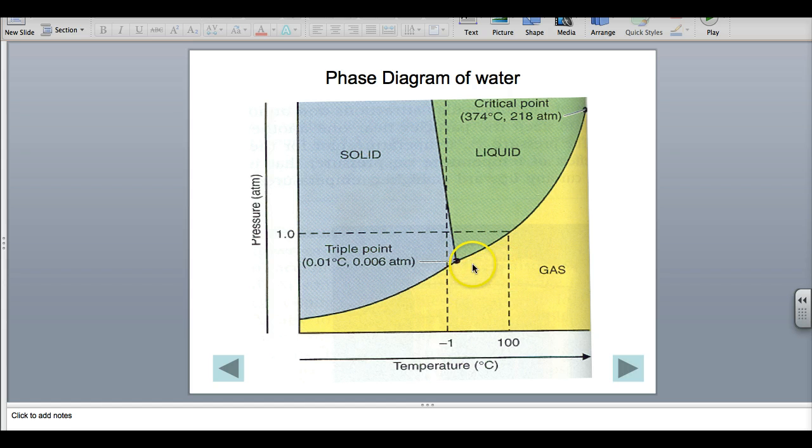So very little sublimation occurs with water. However, you've heard of freeze drying. Freeze drying is where we take something like strawberries, why not, and we freeze them. They have water in them, so we freeze them at constant pressure so they go this way. Now they're a solid. Now what we do is we put them in a vacuum and we drop the pressure, and eventually we can see that the solid water that most fruits are made up of becomes a gas.